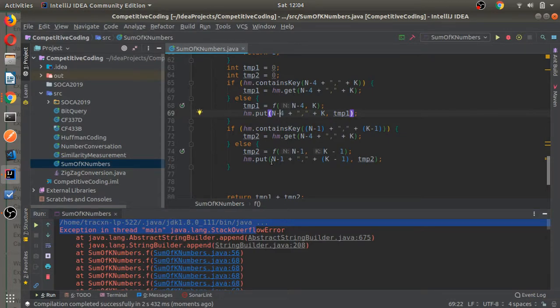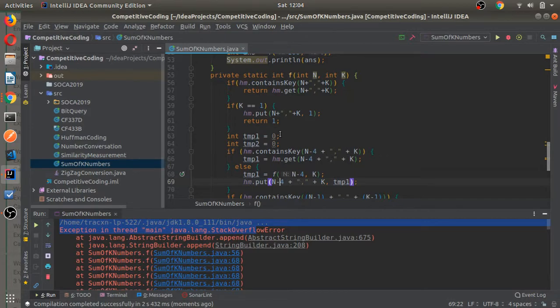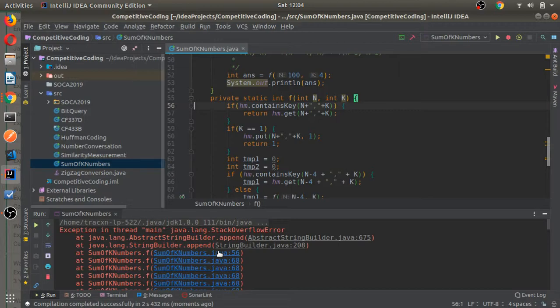Yeah, we are getting a stack overflow here. Oh, too many recursions, I think. It is not exiting the recursion.